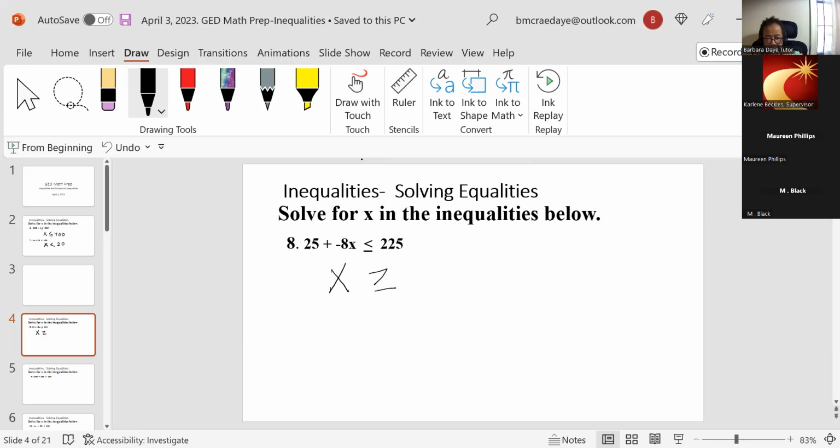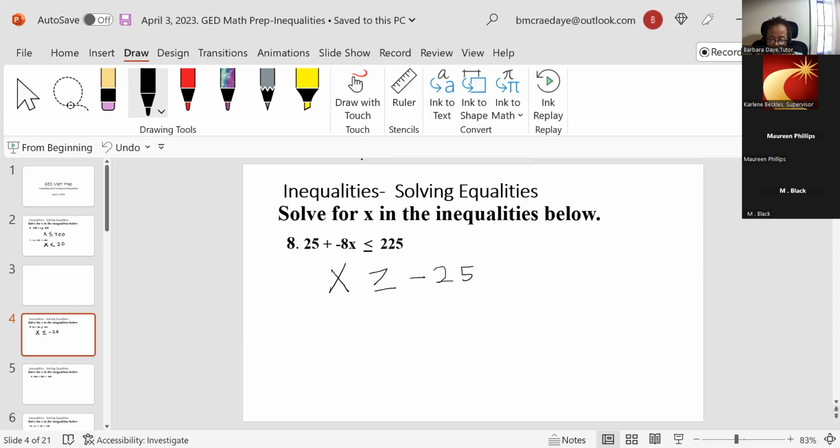Minus. Because you subtracted 25, you got 200, but you divided by minus 8. 200 divided by minus 8 gives you a negative, and so that reverses the inequality because you divided by a negative, right?